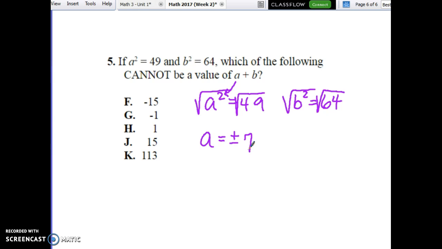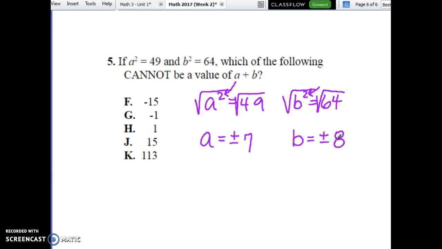As I square root both sides of the equation, the square root operation undoes the squaring of my b variable. And whenever you decide when solving an equation that it is necessary to take the square root, you have to include both the positive and the negative root, and the square root of 64 is 8.